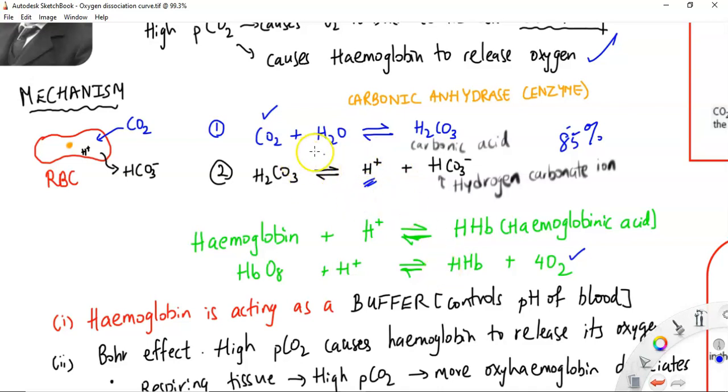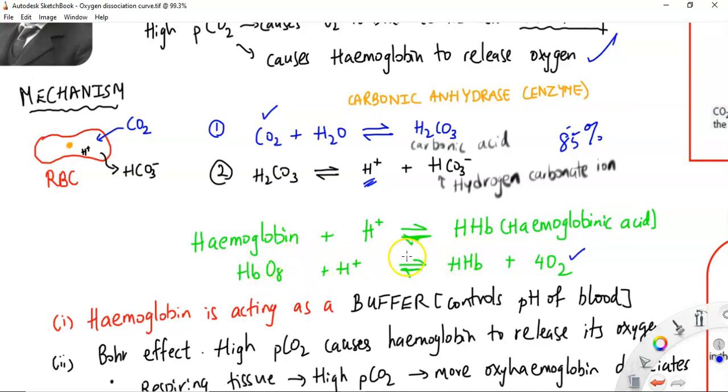Alright, so what you're seeing here is the Bohr effect. This mechanism: carbon dioxide gives you carbonic acid, which dissociates, and that H plus combines with hemoglobin, the protein, causing a distortion in the hemoglobin, and if the hemoglobin is combined with oxygen, it causes it to release oxygen.